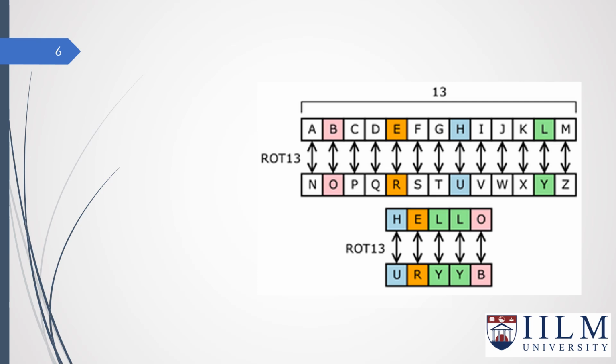So how can hello be encrypted? H becomes U, E becomes R, L becomes Y, and O becomes B. So hello becomes URYYB.